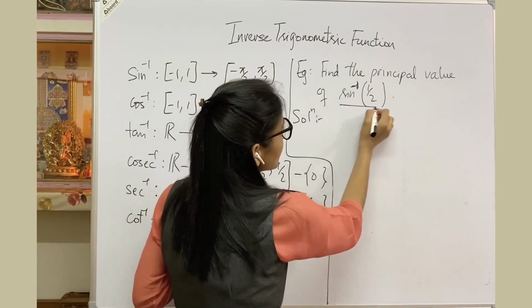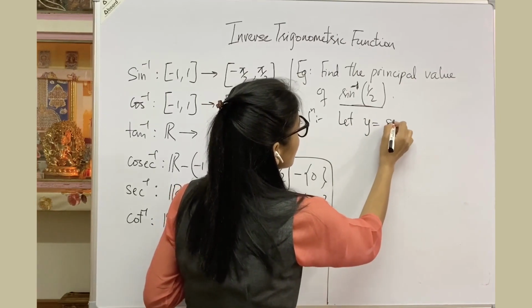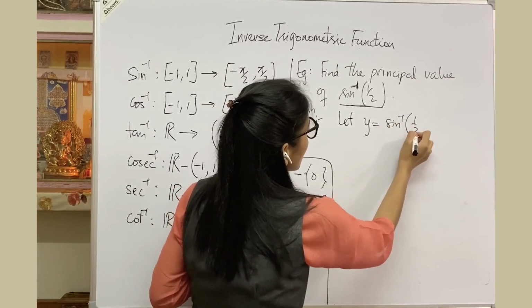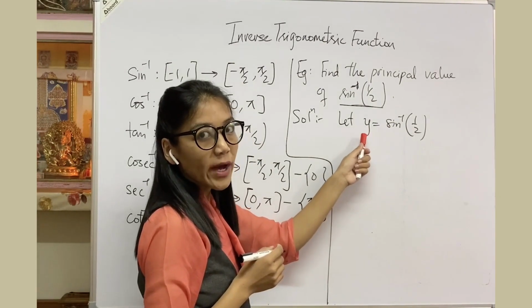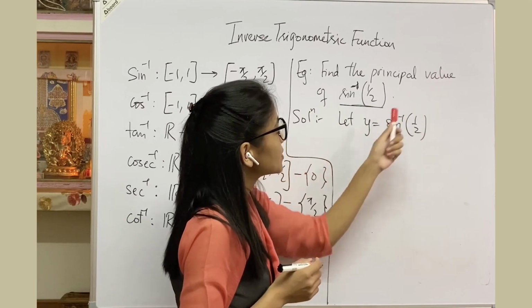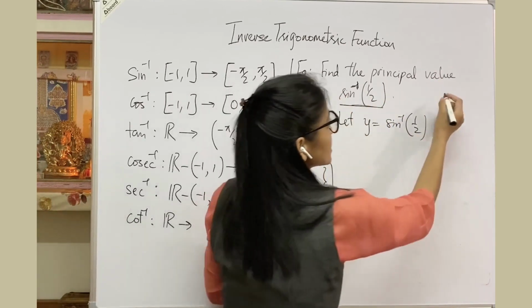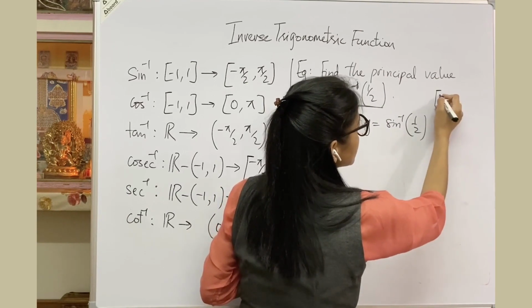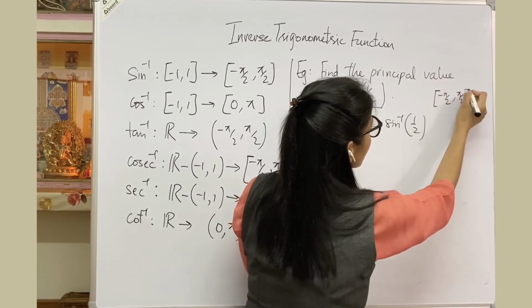Since I have to find this value, I will write let y equals sine inverse of half. So I have to find y. And you are asked to find the principal value, which means you have to know the principal branch of sine inverse, so just write it on the rough side: the closed interval -pi/2 to pi/2.